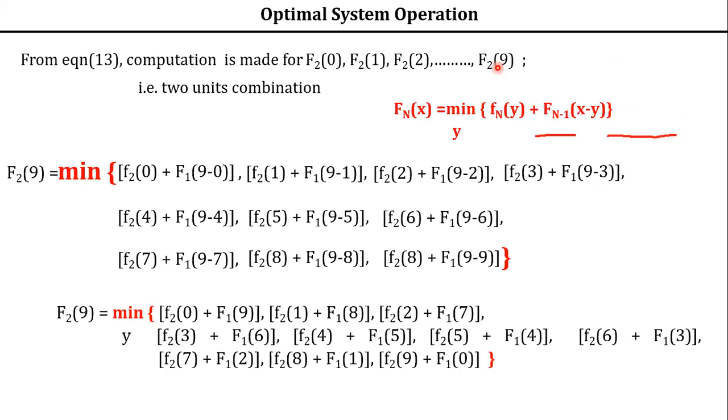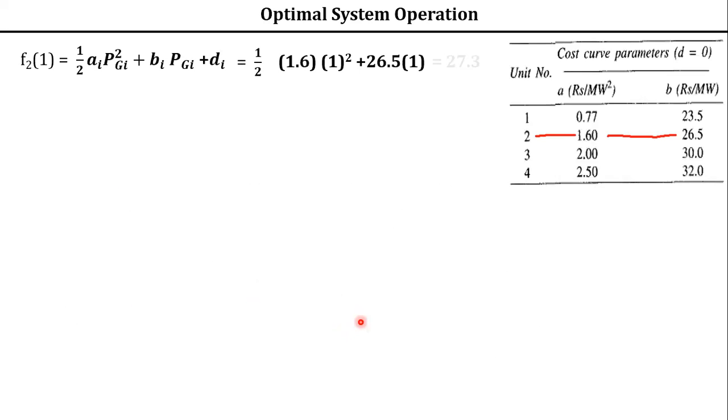What should we evaluate here? F2 of 1 we got. F1 of 8 we have to evaluate. F1 of 8 is equal to the same cost equation, use it. Which unit are you doing?